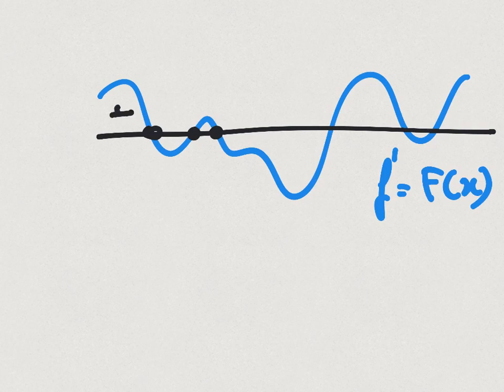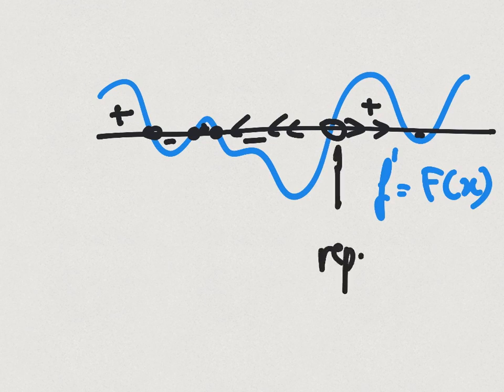So in this case here we have a plus, a minus, a plus, minus, plus, minus. Then very clearly these trajectories are going to the left, these ones are going to the right, and hence this one here is a repeller, for example. Practice this, and you will know almost everything that there is to know about one-dimensional dynamical systems, such as the ones that represent the activation variables in the Hodgkin and Huxley model.